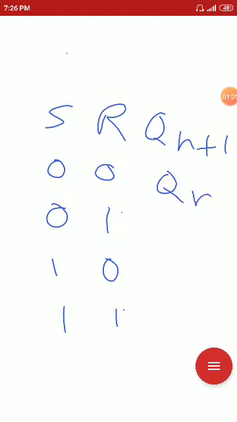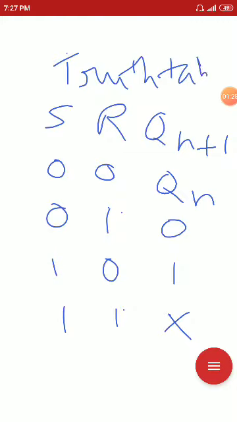So if Qn is the previous state, that will be the case for 0 0. For 0 1, since S is equal to 0, the output will be 0. For 1 0, since S is equal to 1, the output is 1. For the 1 1 condition, it is an invalid condition. So this is the truth table of an SR flip flop.